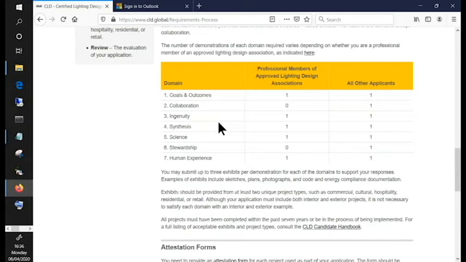Whereas IALD is a trade association for lighting designers. So there's a slight difference of objective between the two bodies, and that's important because we want CLD to become a recognized mark for good, competent lighting designers, not necessarily a mark for people who follow a particular way of doing business, even though we might think that's quite a good way of doing business.